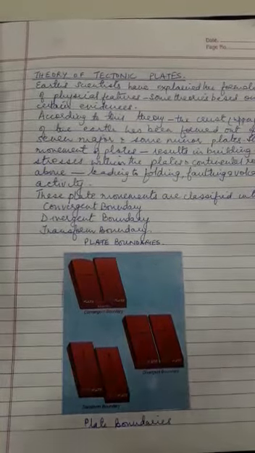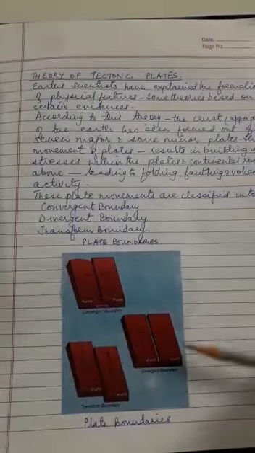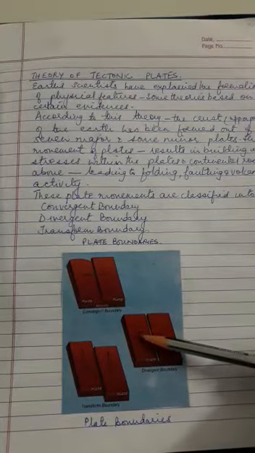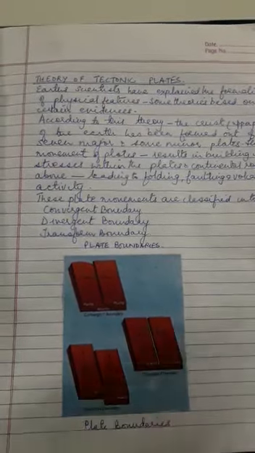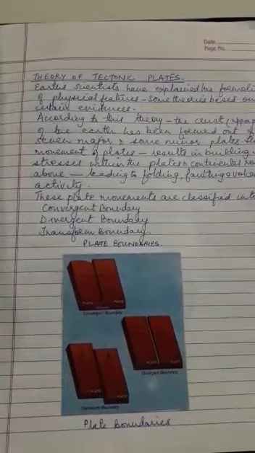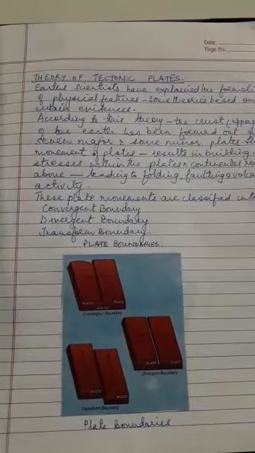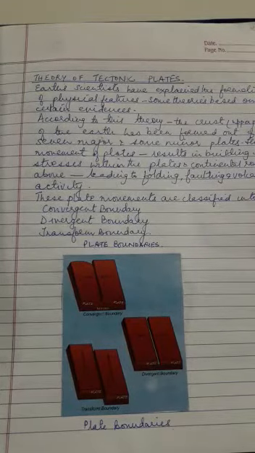Then we have divergent, when this is moving this way and this is moving that way. So they're moving in the opposite direction. When these plates move away from each other, this is what we term as divergent boundary.